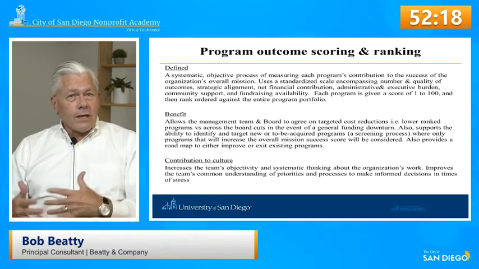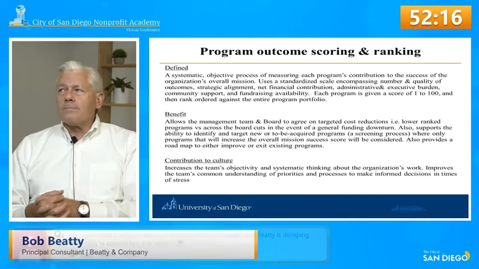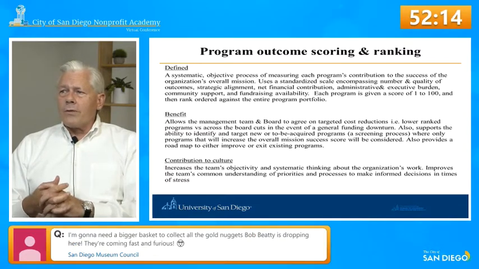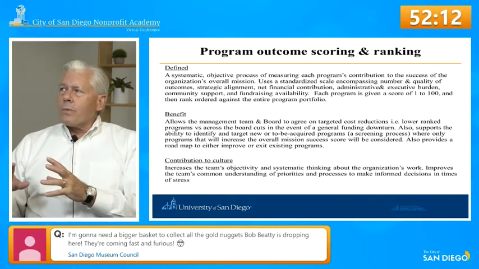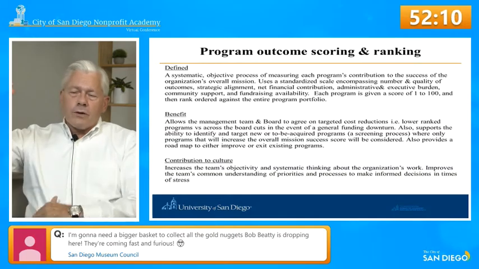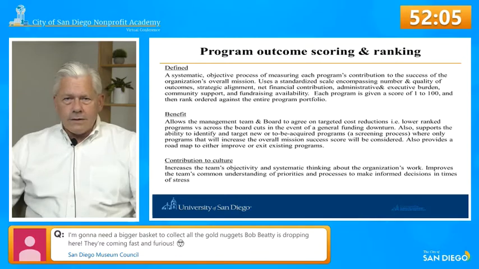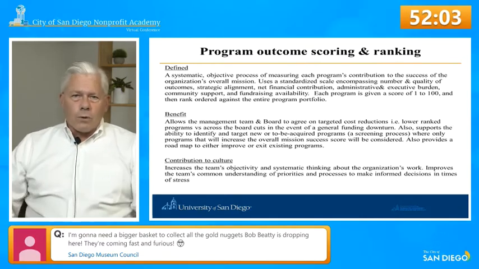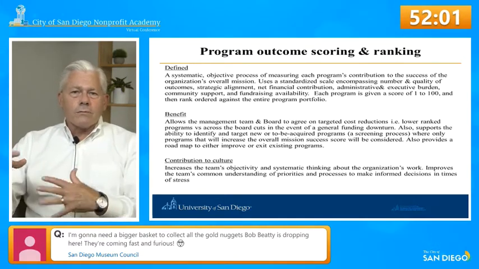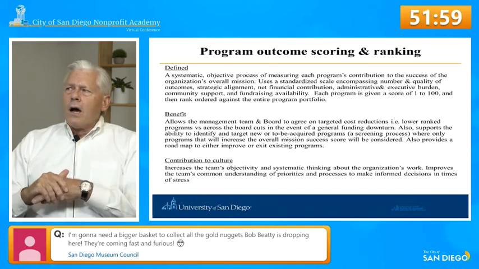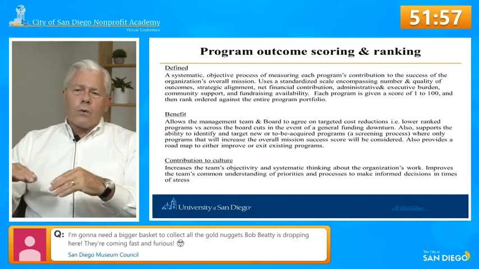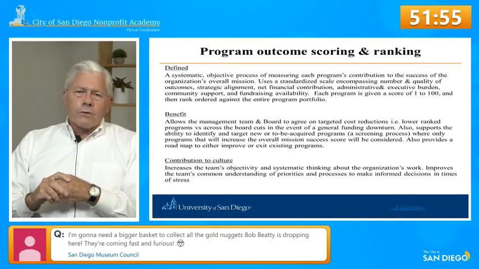Is this something you can easily raise money for, or is it difficult? What you end up with is a score. You give each program a score of say 1 to 100, depending on how many you've got. Some of my clients have 20 or 25 programs, so you might want to use a 1 to 100 scale. And then you rank order every single one of those programs.